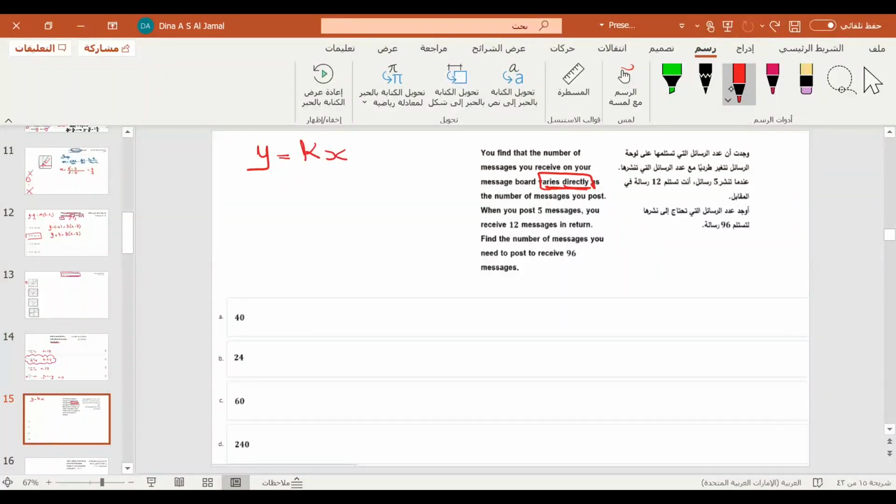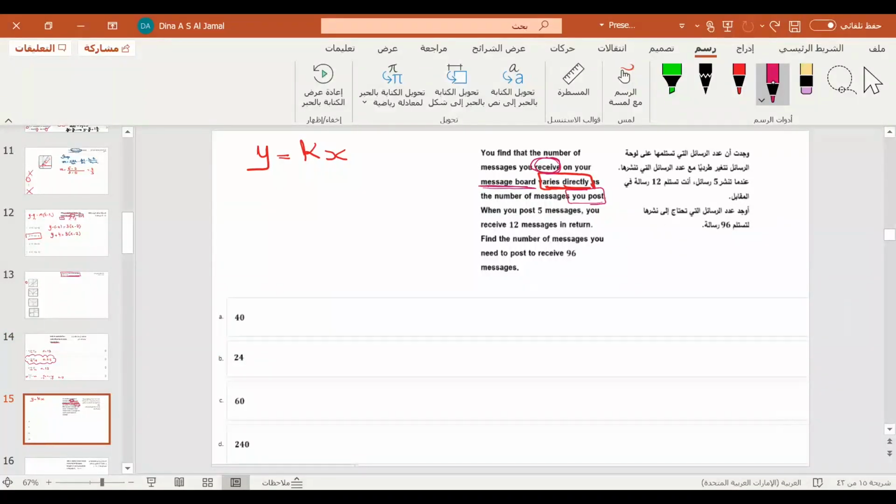So let's see, you find that the number of messages that you receive on your message board varies directly as the number of messages you post.